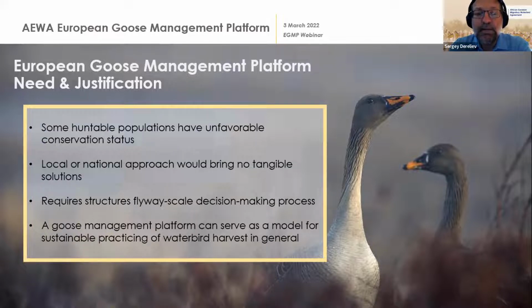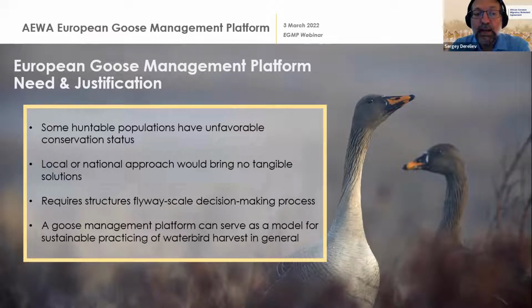At the same time, some of the goose populations were in unfavorable conservation status, and they continue to be in unfavorable conservation status. And in order to resolve that, a local or national approach would unfortunately not bring a tangible solution. What was required at the time was a structured flyway-scale decision-making process.